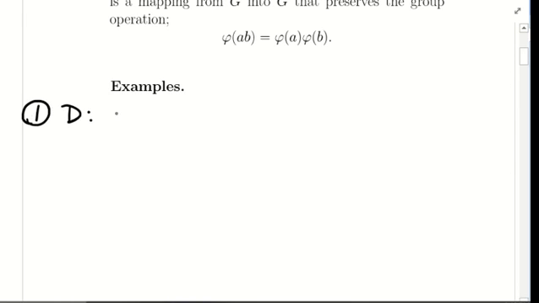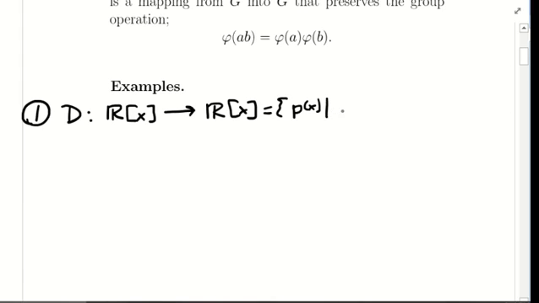So let's call this one D. It's going to go from R of X to R of X. Here, this is the polynomials of finite degree with variable x and real coefficients.